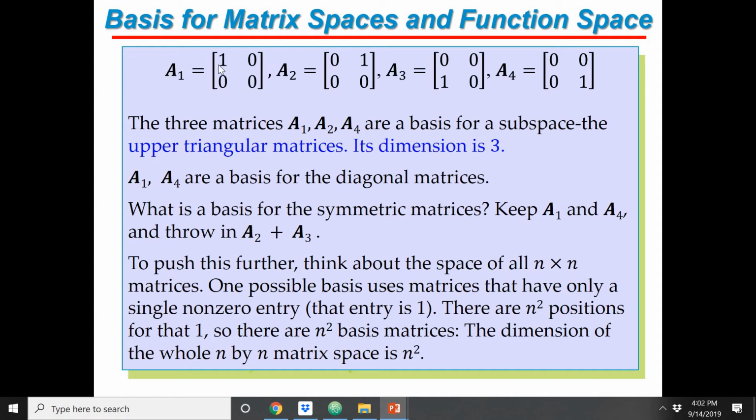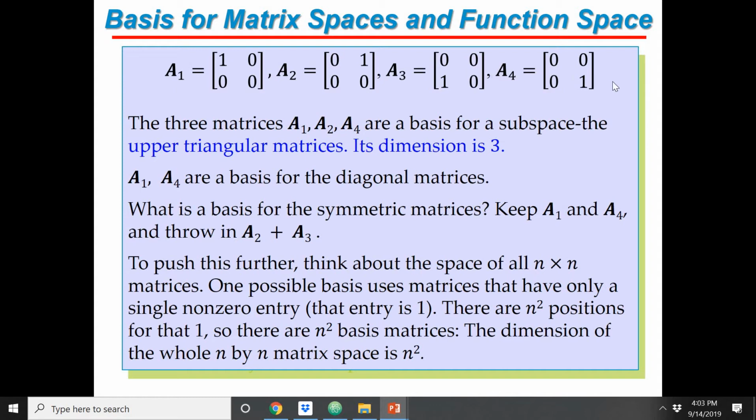You can generate a basis for a diagonal matrix by only keeping A1 and A4. You can generate a basis for upper triangular matrices by keeping A1, A4, and A2. You can generate a basis for lower triangular matrices by keeping A1, A3, and A4.